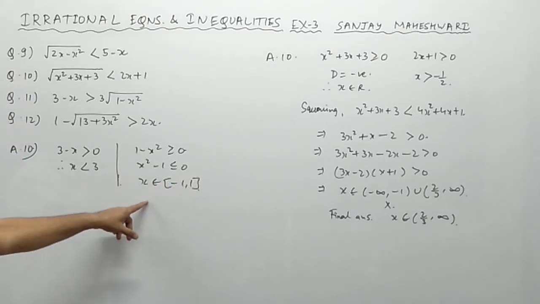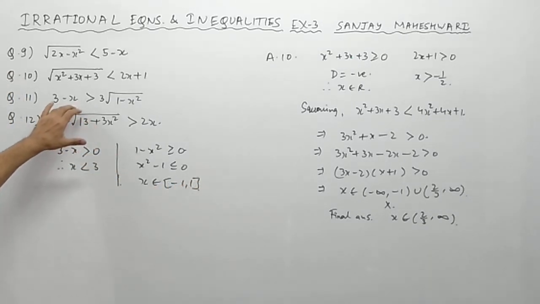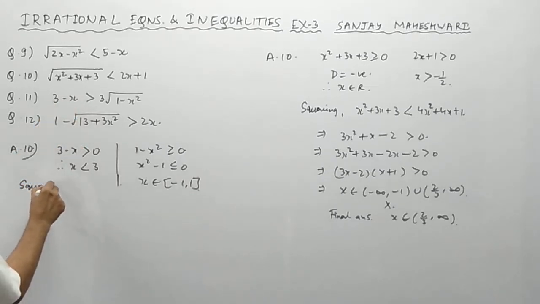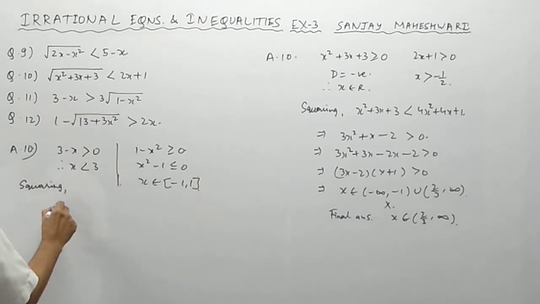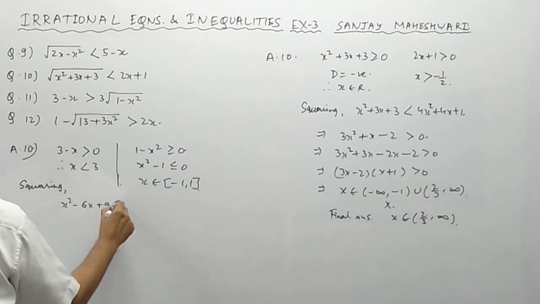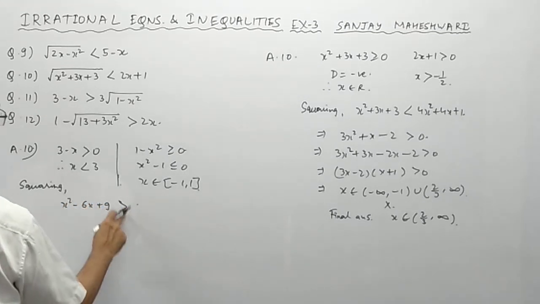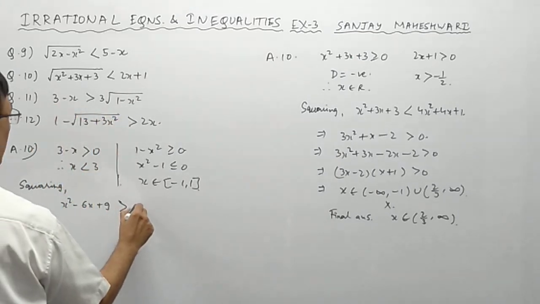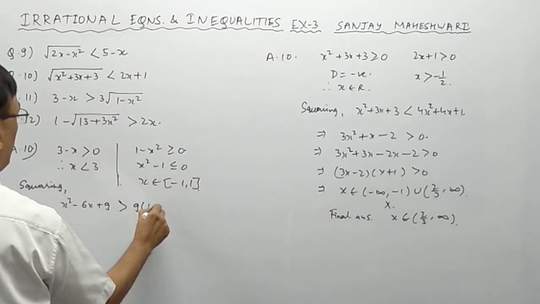So these are the two preconditions of this equation, and then we'll square it. Squaring we get x square minus 6x plus 9 greater than, this sign will remain as it is, both sides being positive, 9 into 1 minus x square.